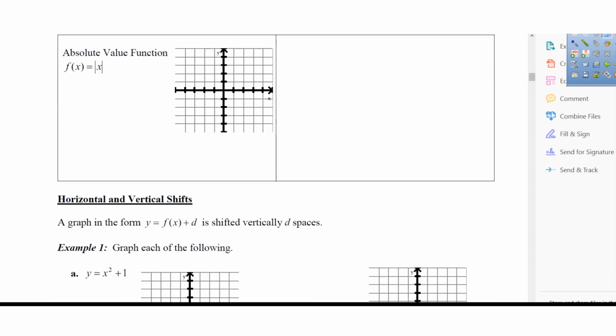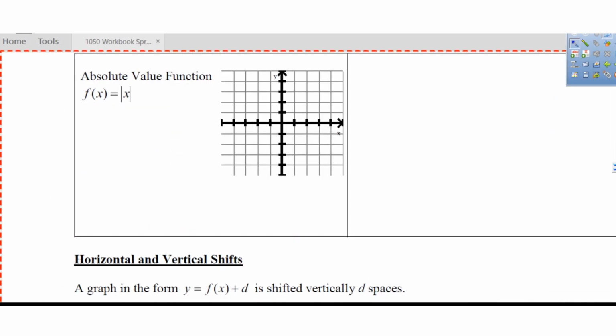Absolute value. This is the last parent graph that you have to know how to do. Do you guys have that one? Yeah. Okay, I thought I heard somebody say something. So absolute value begins right there. And this one's just a little bit different. If A is equal to 1, then you just keep doing the same stretch over and over, and that's right 1, up 1, because the absolute value of 1 is a 1.